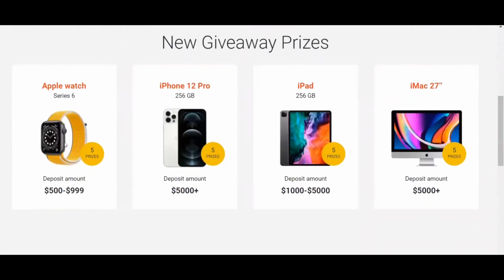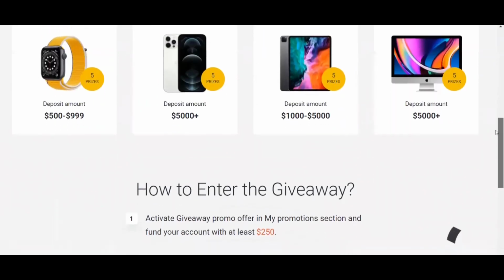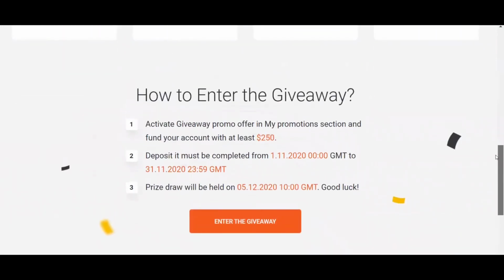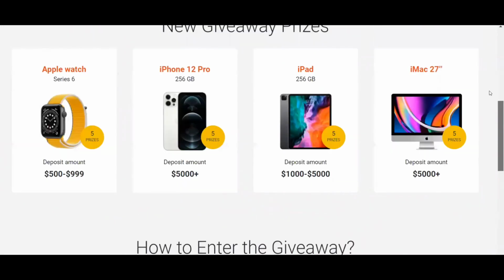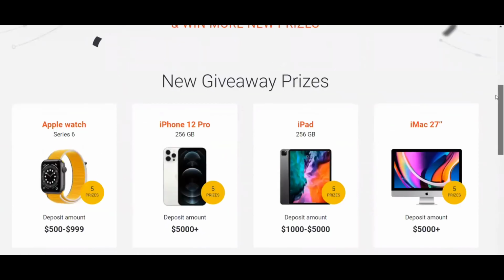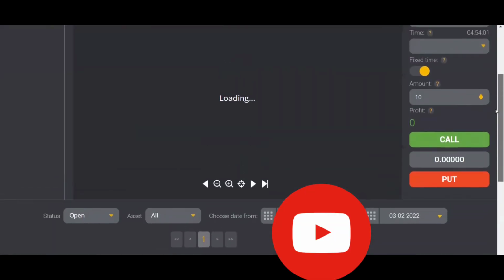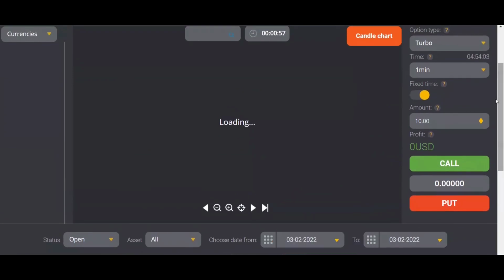Personally, I've clicked on these. They haven't worked. I don't know if they haven't updated yet, or it may still work, but for me it didn't. So, and then you go back to trading, and we're back to our screen.